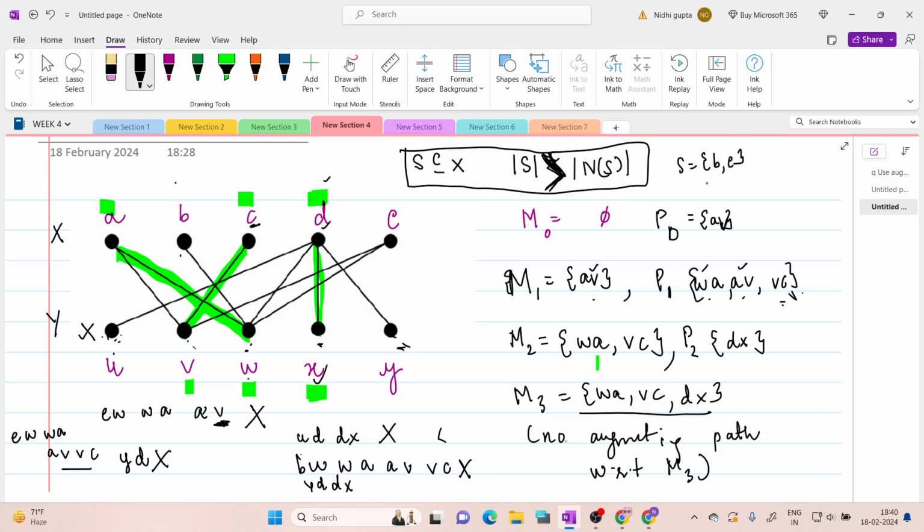Ma'am, if we take S equal to W and D, the neighbors are more. But you cannot take from different partitions. You have to take from one partition.